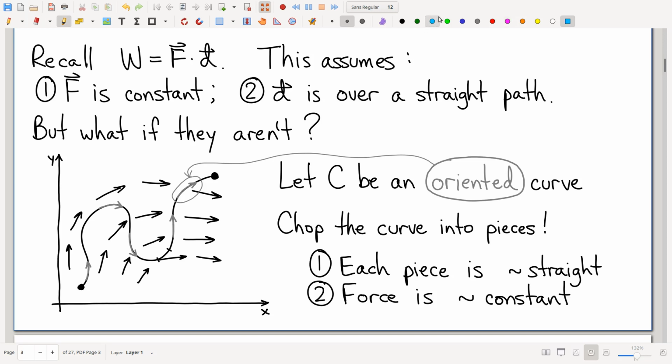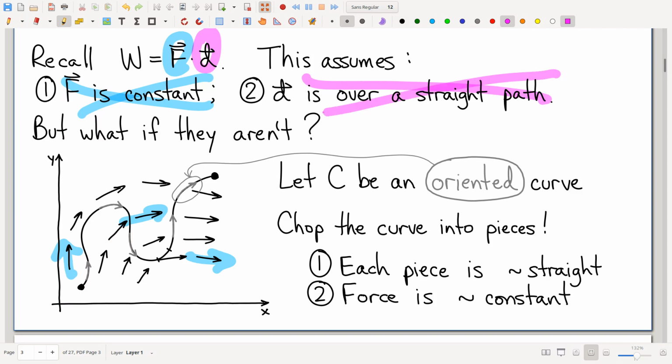So, for example, suppose our force is not constant, such as in this picture here. You can see those force vectors are all pretty significantly different. And likewise, what if your displacement is not over a straight path, such as, again, in this situation right here, a perfectly routine scenario.